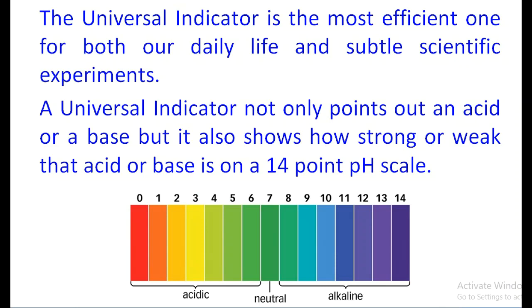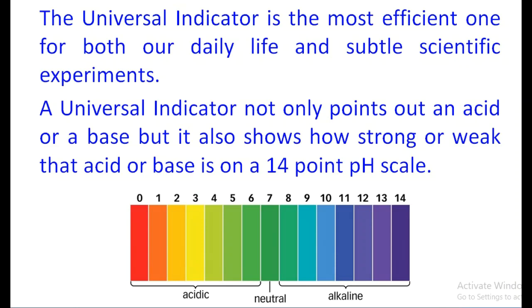A universal indicator, you see the picture, not only points out whether it is an acid or a base, but it also shows how strong or weak that acid or base is on a 14-point pH scale. You look at it carefully. At 0, it is the strongest acid, and as you move towards 14, it becomes less acidic.